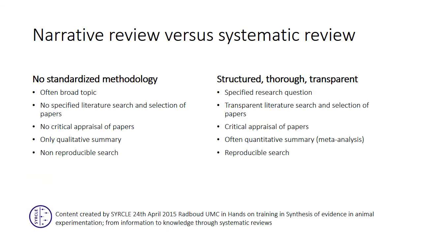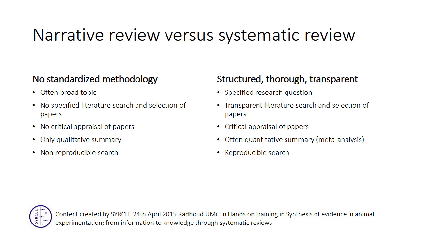A narrative review is really not the same as a systematic review. The narrative review is subjective and does not explain how information was retrieved. So, despite the fact that it can be very interesting, it lacks transparency, and we also don't know how the selection of papers was made.